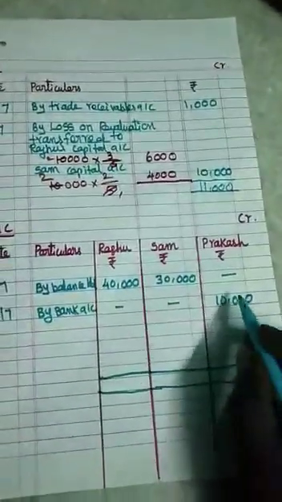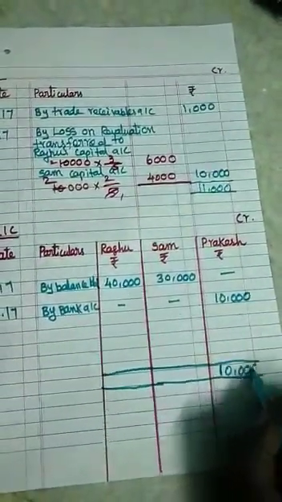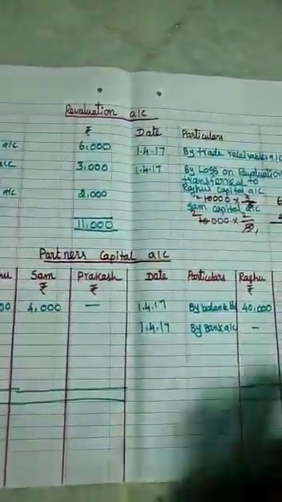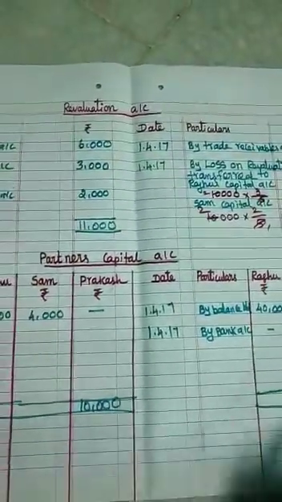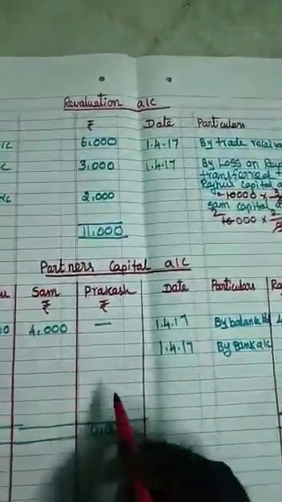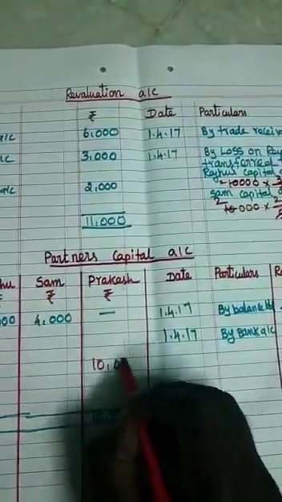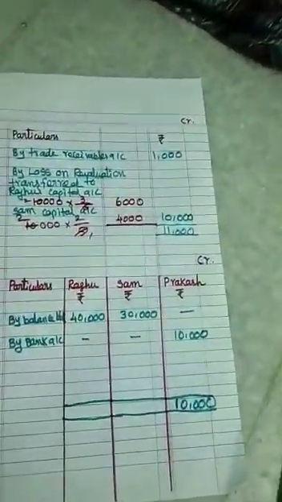Here we have 10,000 for Prakash, so we can balance the Prakash column first. Here no amount is recorded, but the same 10,000 should be written here. So 10,000 is written.